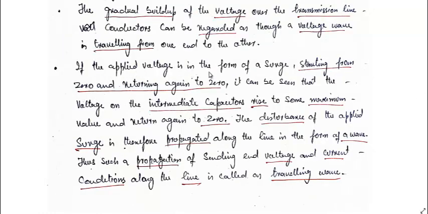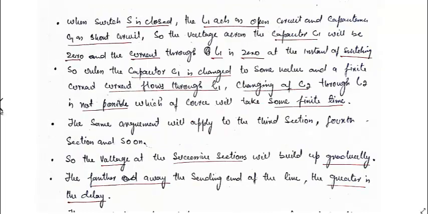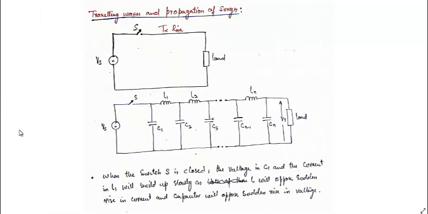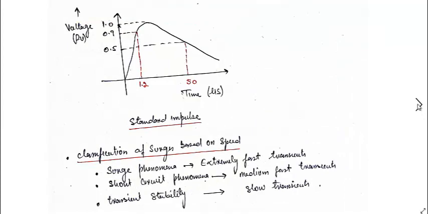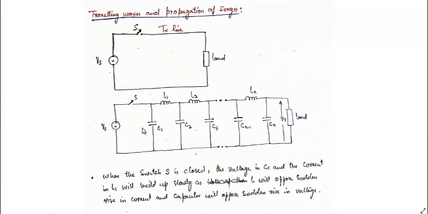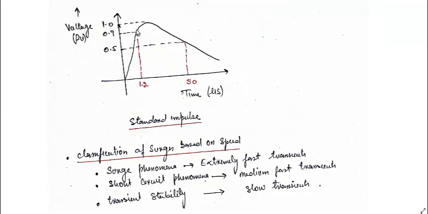If the applied voltage is a surge starting from zero, rising, and returning again to zero, that means an impulse type of voltage, then the voltage on the internal capacitor rises to some maximum value and then returns to zero again. If we take this capacitor C3 and send this impulse voltage from here, it will charge first and then go back towards zero.